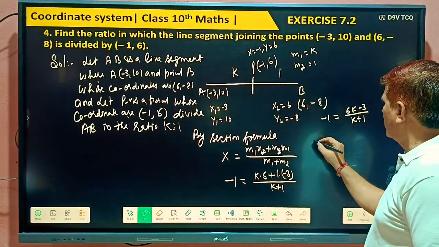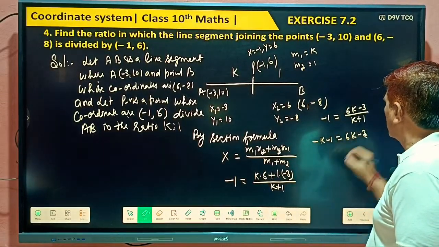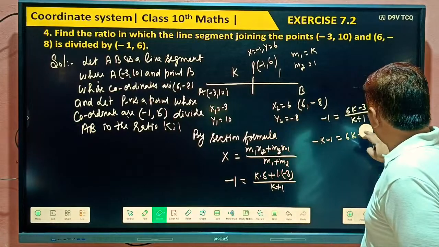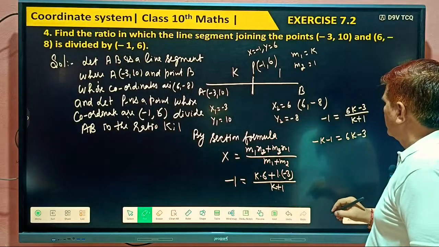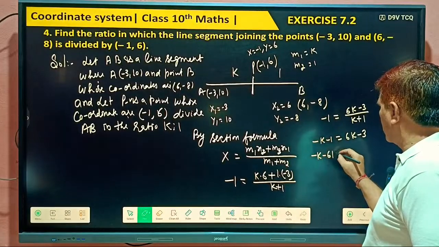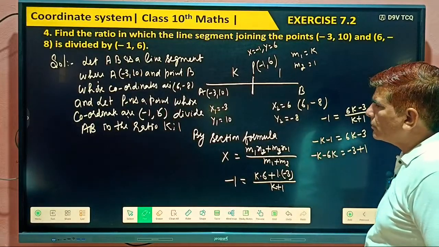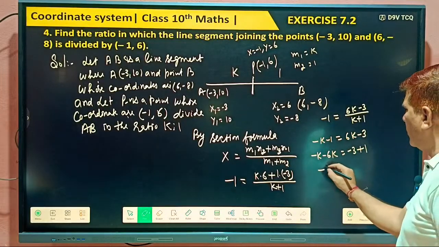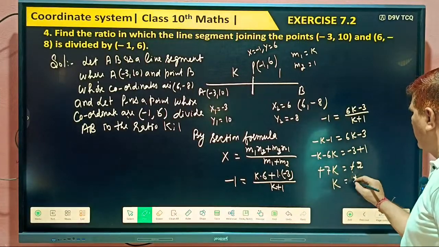Transferring to the sides, -k minus 1 equal to 6k minus 3. Taking k to that side, -k minus 6k equals minus 3 plus 1. So -7k is equal to -2, minus cancels, k equal to 2 by 7.